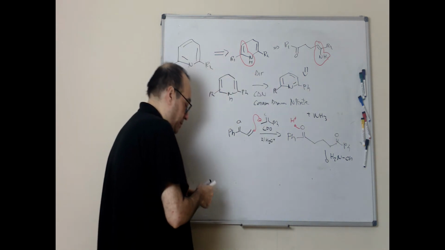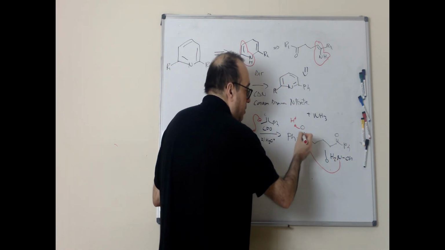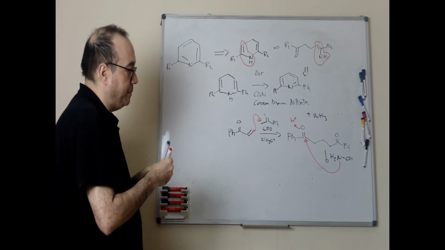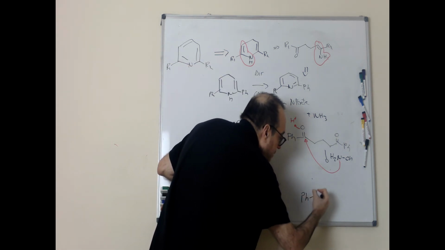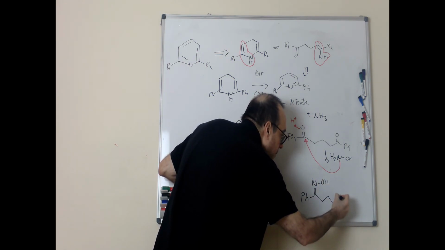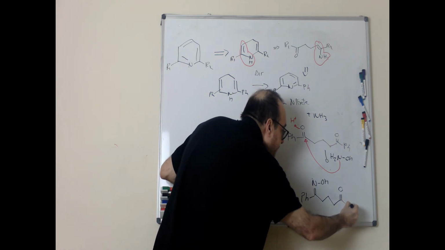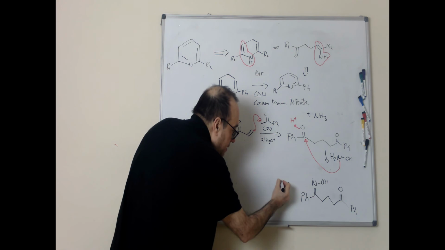How does it work? Well, the same as before. We protonate the ketone, the carbonyl group, and the amine forms, in this case, the oxime. Tautomerization.